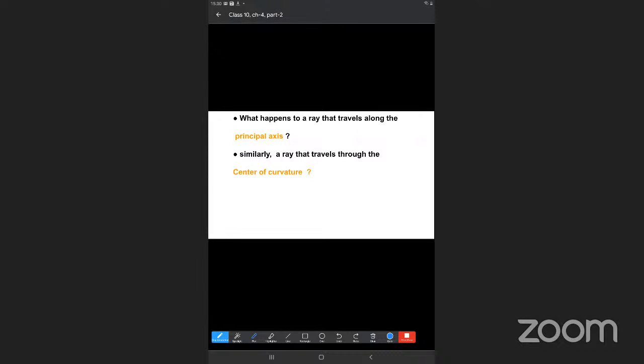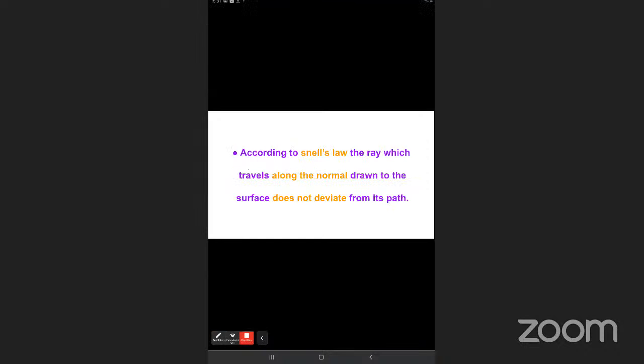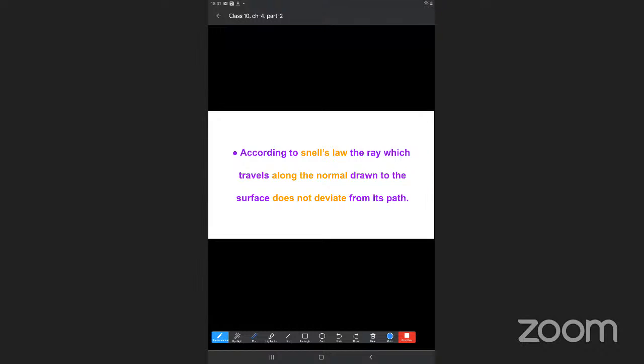Now here, what happens to a ray that travels along the principal axis? Similarly, a ray that travels through the center of curvature? Already in the earlier class, in 9th class, we learned refraction of light at plane surfaces. There we learned Snell's law also.